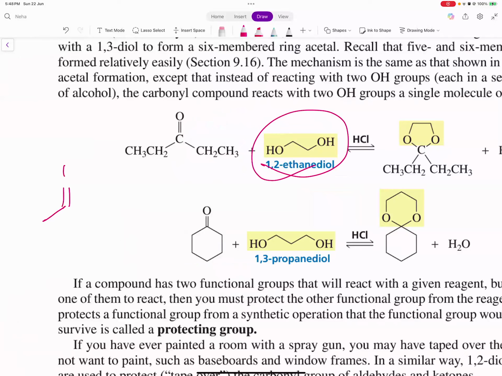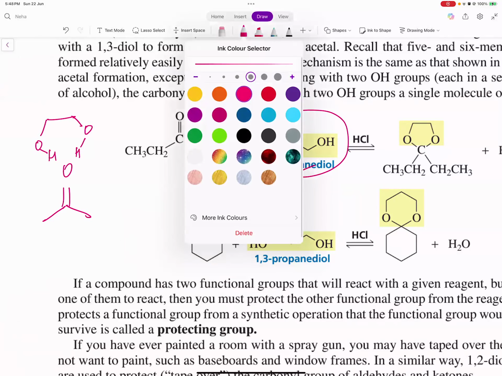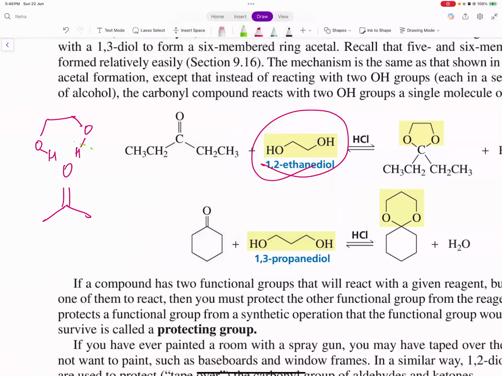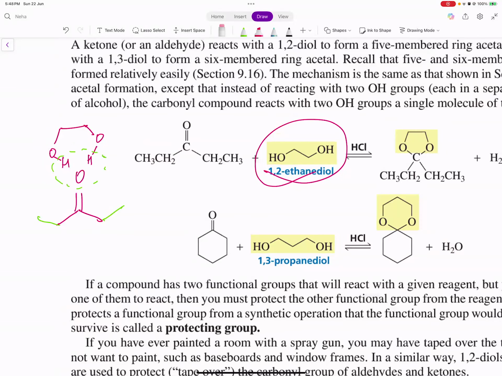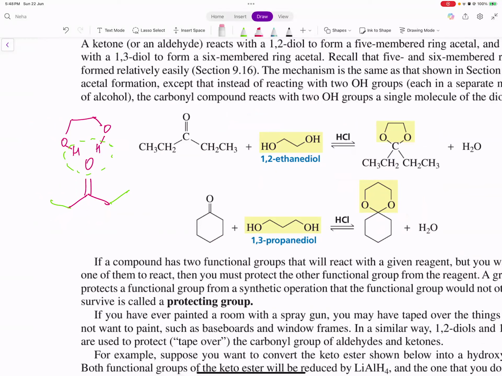It'll be like this: double bond of C and OH, and we'll take the water out and we'll get this. And the same in the down.